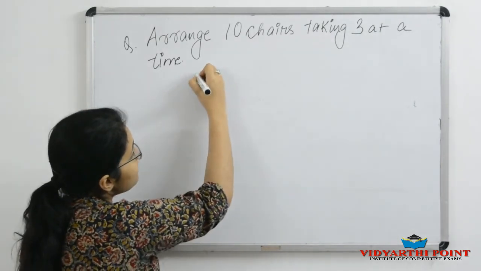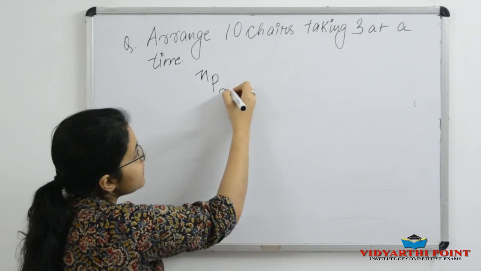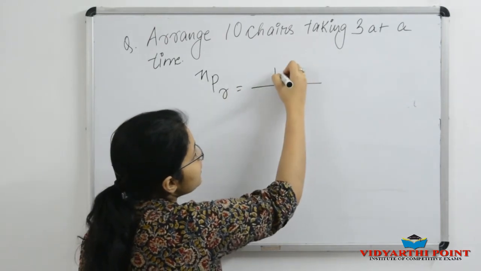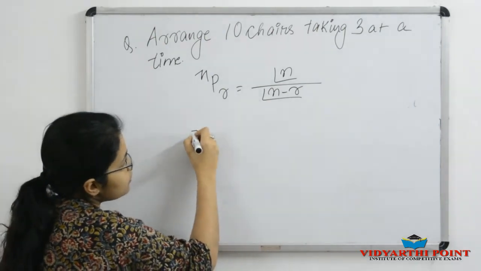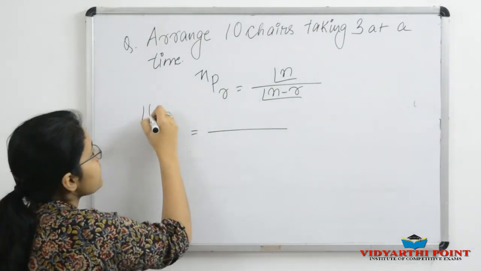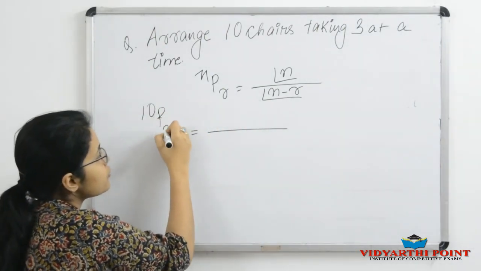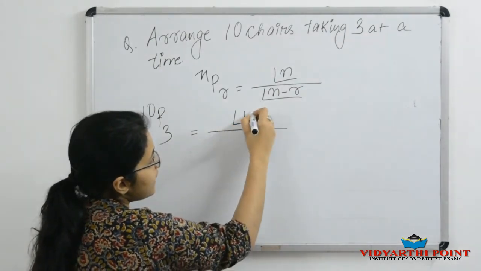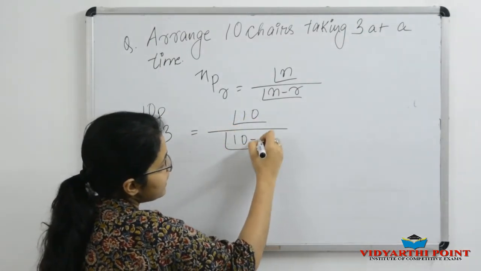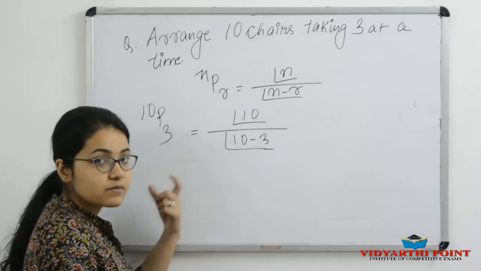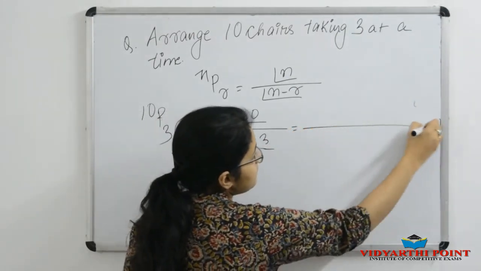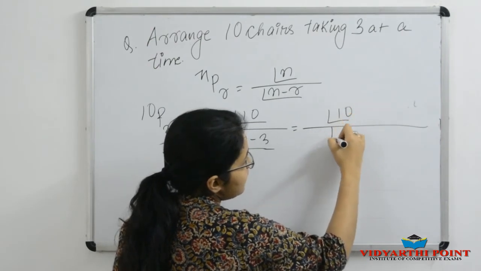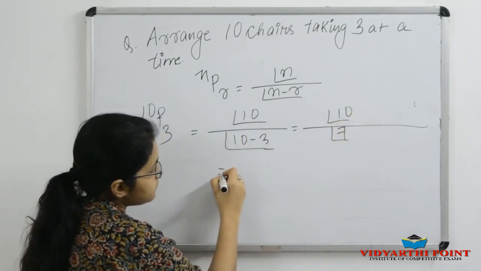So we have to apply the formula nPr, which was factorial n divided by factorial n minus r. So here 10P3 is factorial 10 divided by factorial 10 minus 3. Since this is permutation, here factorial r will not come. So factorial 10 by factorial 7.